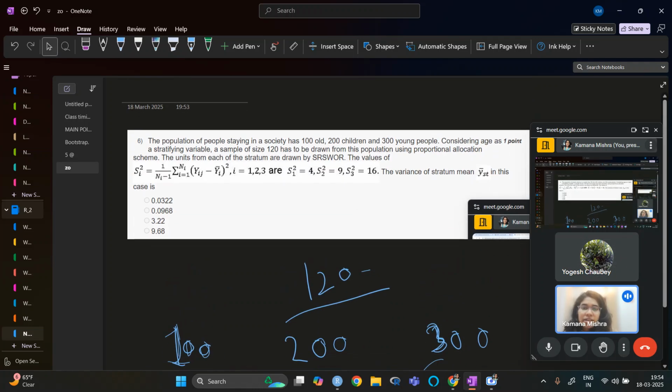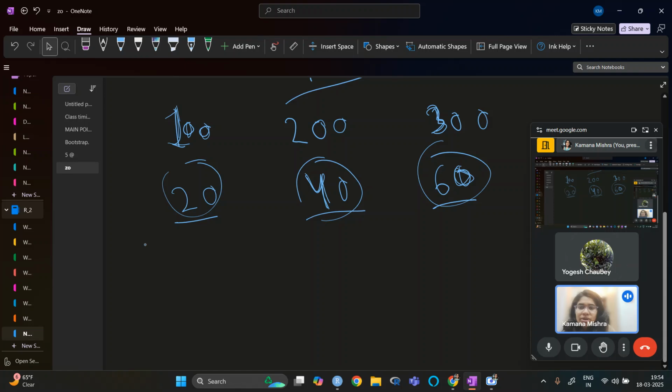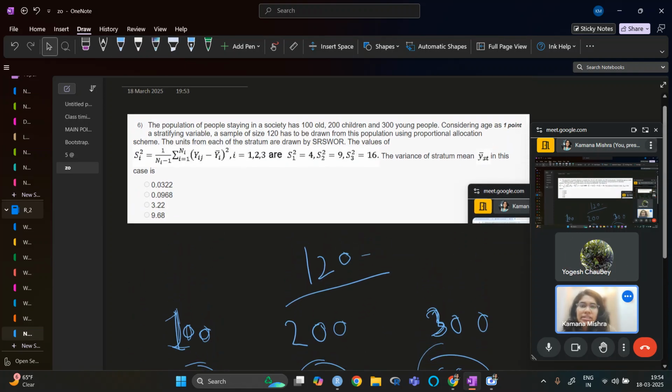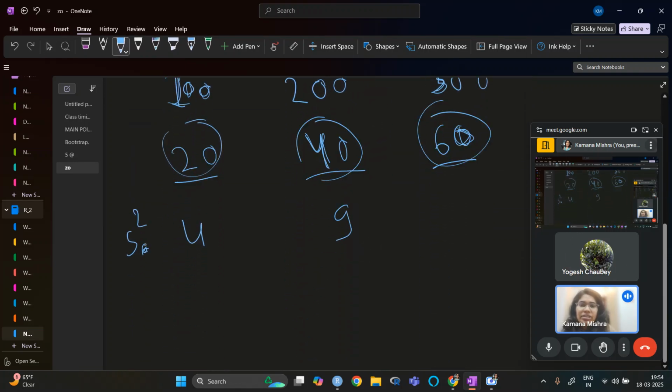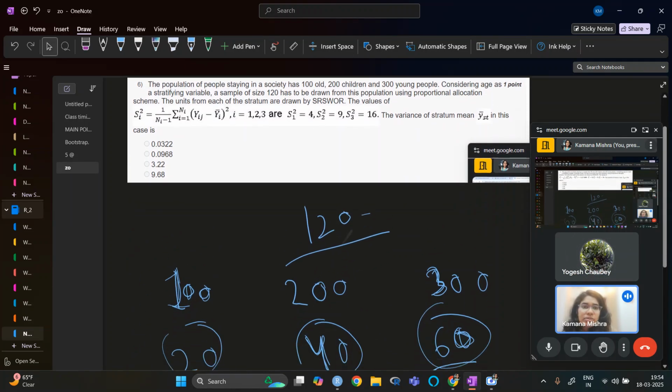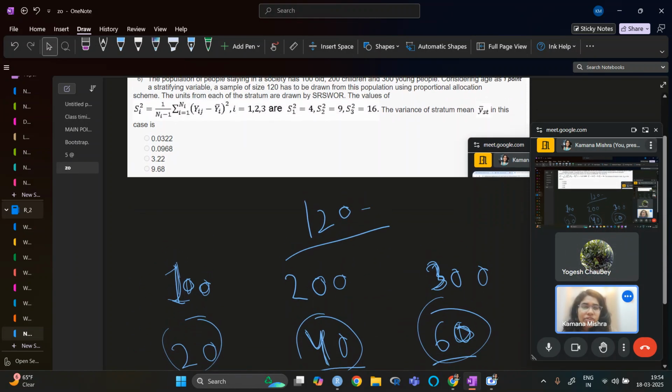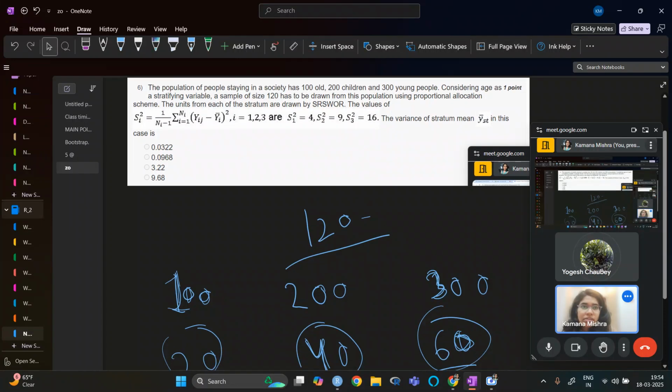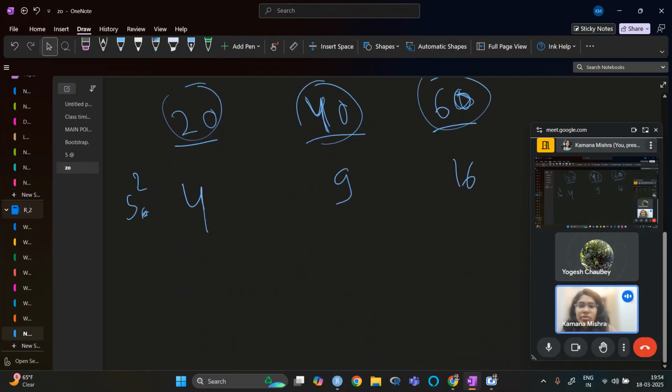Now S1 squared is 4, then 9 and then 16. What is the variance of the stratum mean, Var(y bar st)?